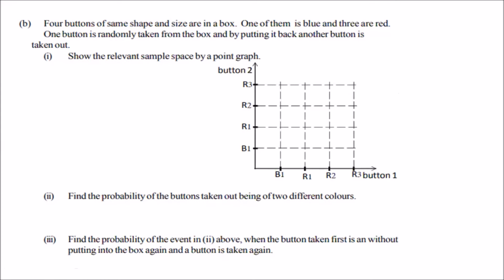4 buttons of the same shape and size are in a box. One of them is blue and 3 are red. In these types of experiments, we write the sample space with the one blue as B1, and we can represent the 3 red buttons using R1, R2 and R3. One button is randomly taken from the box and put back, so in the second event also there are 4 buttons.